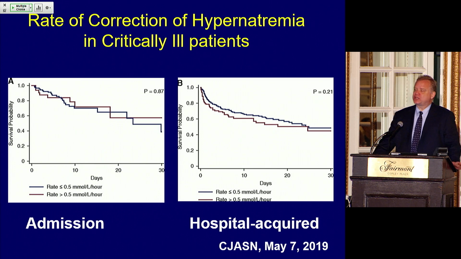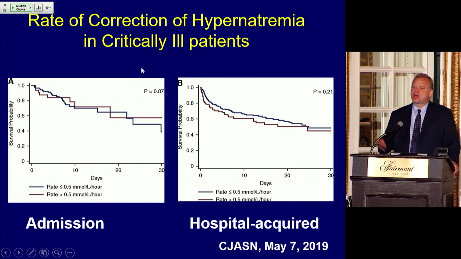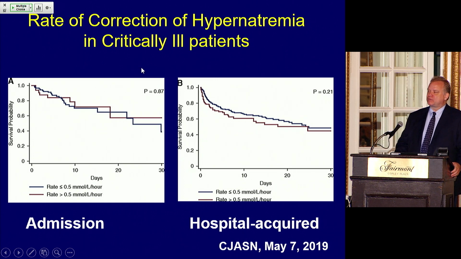One interesting question is the correction rate. We've been classically told that it should be less than 0.5 mL per hour. In reality, though, there's a paper that came out just this spring that suggested that the rate of correction of hypernatremia in critically ill patients did not really impact on mortality and morbidity.